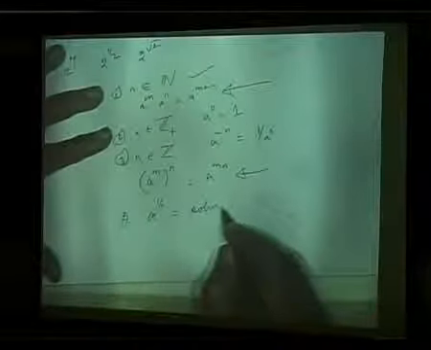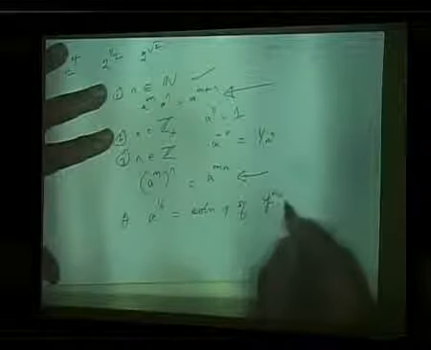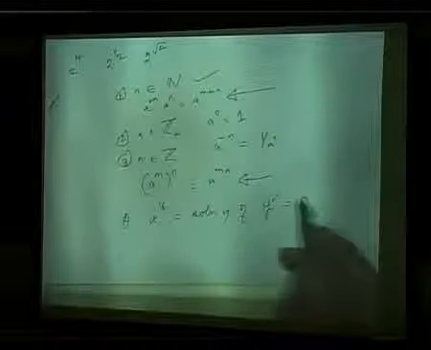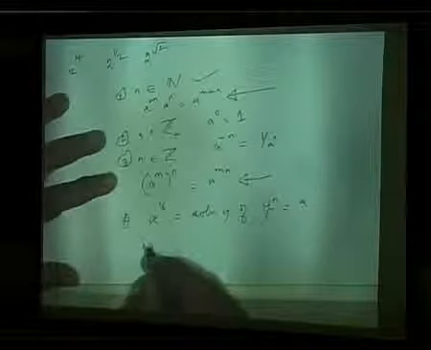So what would you want to define it as? That means you'd want this to be a solution of y power n equal to a, right? This is how you want to define it. Already you run into one stumbling block. What do I do, for example, for minus 1 power half?